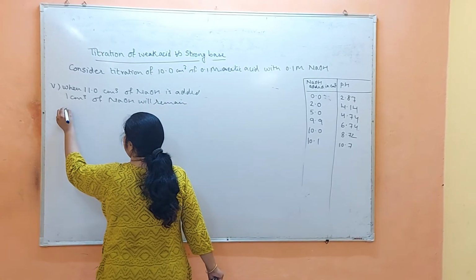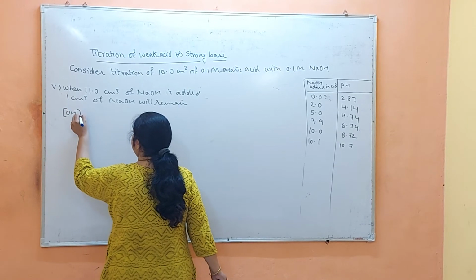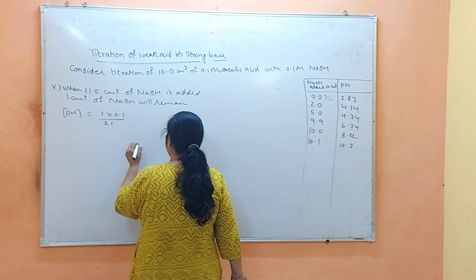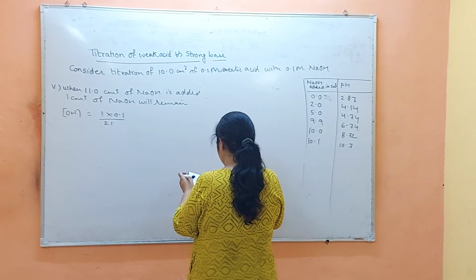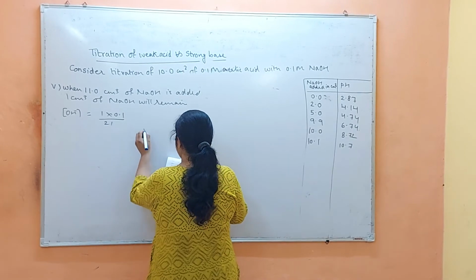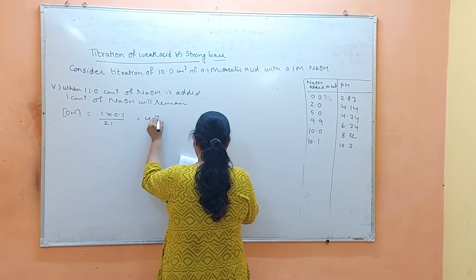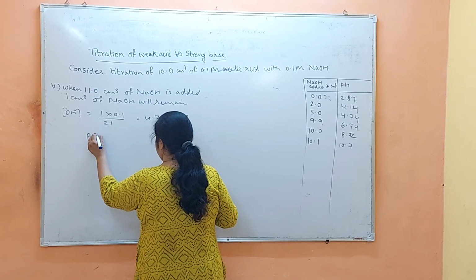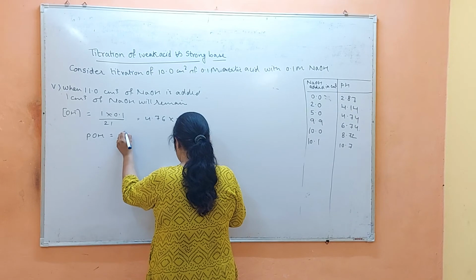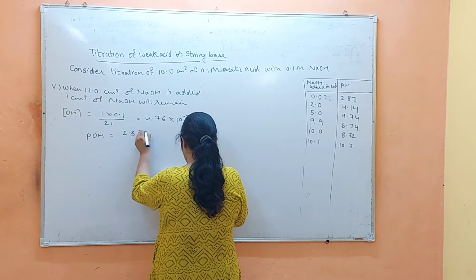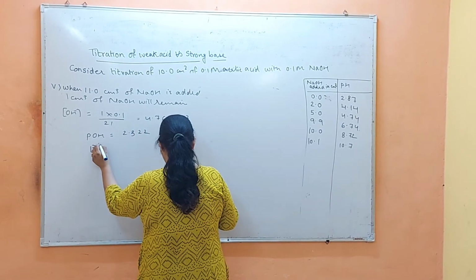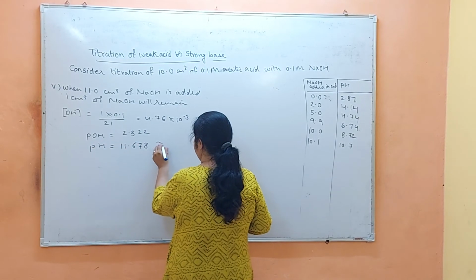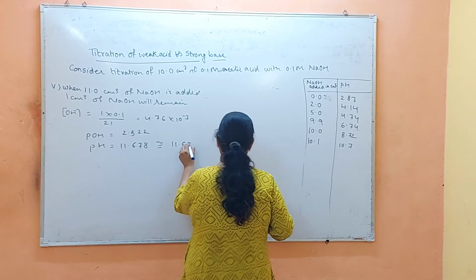So concentration of OH− will be equal to 1 into 0.1 divided by total volume, which is 21. So now it comes out to be 4.76 into 10 raised to minus 3, and pOH comes out to be 2.322. So pH will be equal to 11.678, which is equivalent to 11.68.